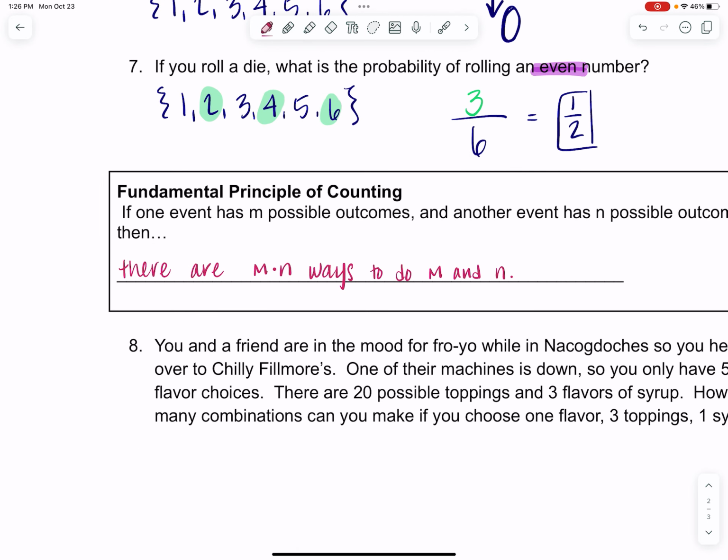So basically it says take the number of ways to do one thing and the number of ways to do the other thing, multiply them together, and you get the total number of ways to do the whole thing.